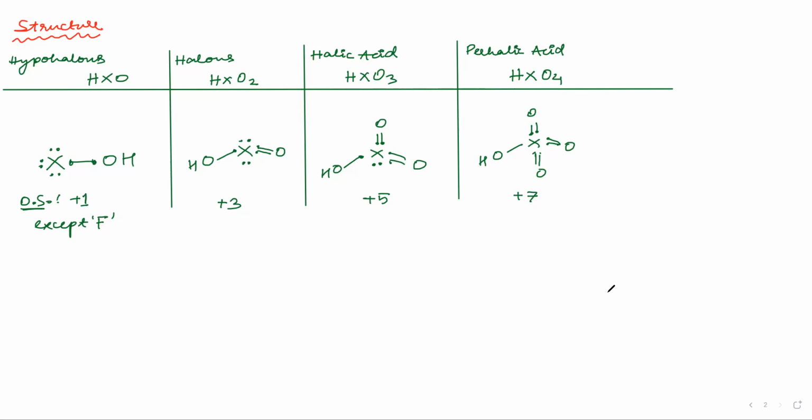Please write the order also. This order is not in the syllabus, but we don't know. HClO4, then HClO3, HClO2, HClO. In this case, it is +7, this is +5, this is +3, this is +1.